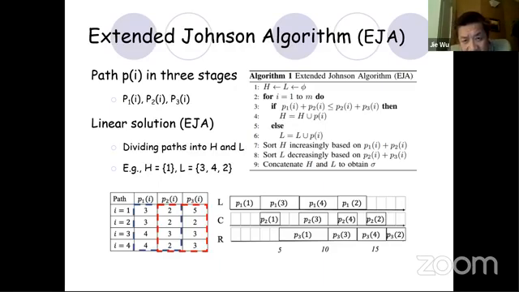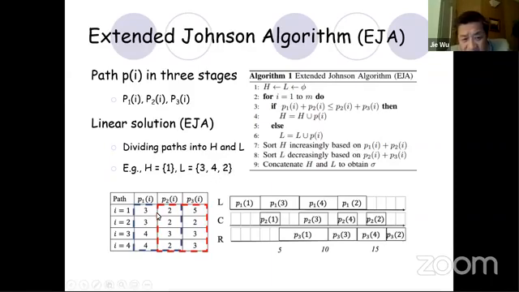By this, we can easily see that in the H group you have only one path, which is 1. Paths 2, 3, 4 belong to L because the first local is larger than the remote. Then we sort. This order is very important. The H should be in increasing order based on the 1 and 2.